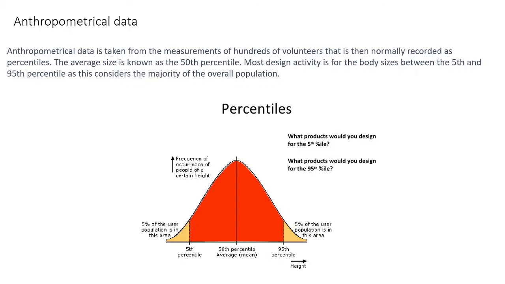Because most people that I've taught in college fall within the 5th to 95th. If we take height, for example, the 95th to 100th will be the very, very tall. So if you are over 6'4", I think, you would be over the 95th percentile. And if you are 5% and below, you are under.